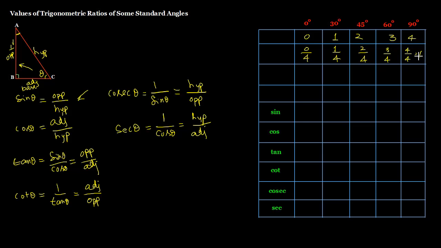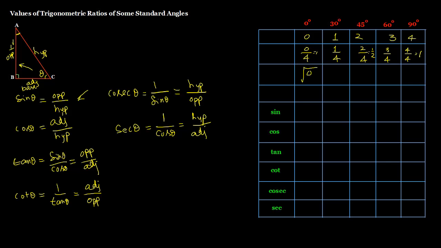Here I'm going to get 1. This will stay as is. This will be 1 by 2. This will be 1 by 4, 0 by 4. So until now, I think you got exactly what I did. I took numbers and divided all of them by 4. Now I'll take the square root of whatever I got.